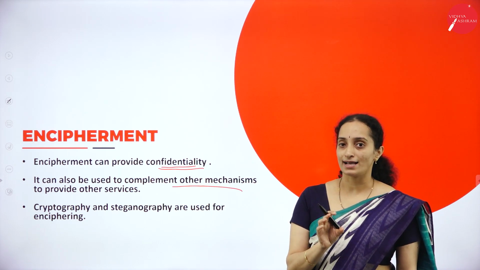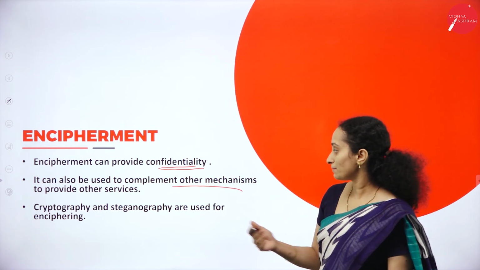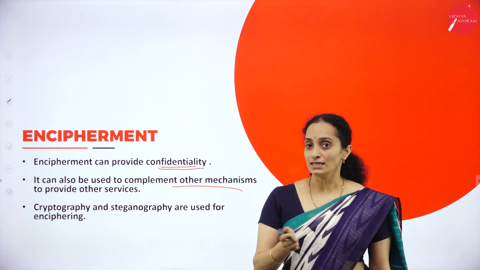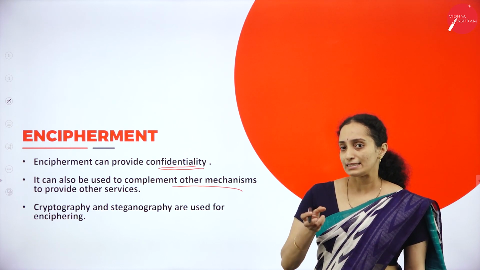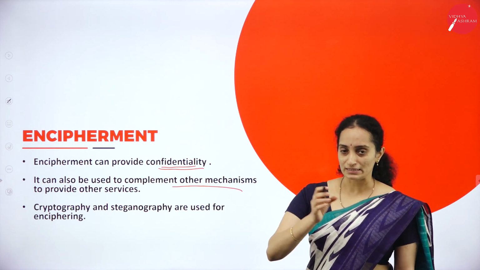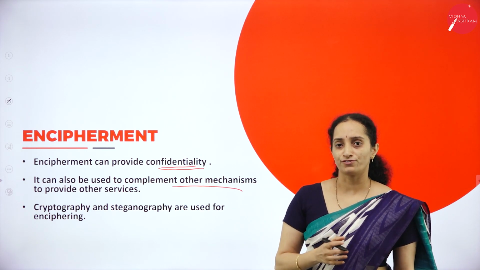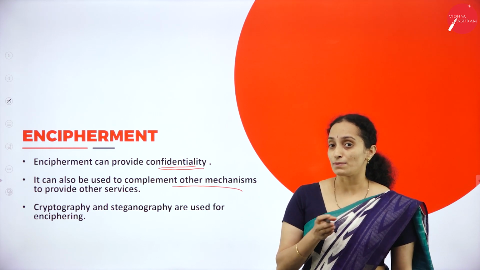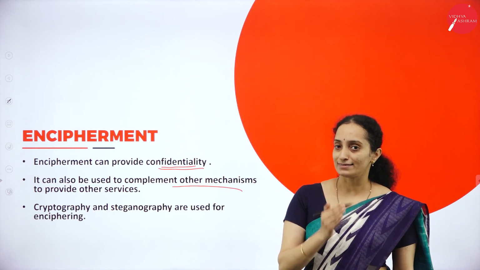The attacker will not be able to recognize what the data has. Another method is steganography, where the data will be hidden in some other file which looks like a normal file. If you have secret data to be sent on the network, in steganography they will hide that data in some other video or audio file or image, so that the attacker will not be able to recognize that your data is hidden in that file.